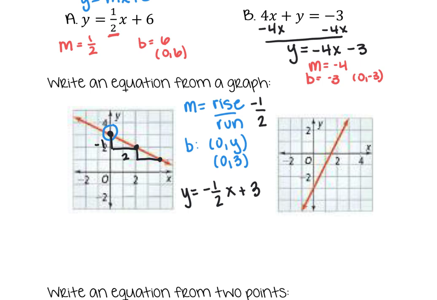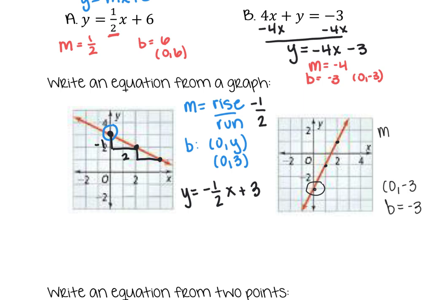Looking at the second example, again, I first identify points on my line. This line goes uphill, so it has a positive slope. My y-intercept is right here at 0, negative 3, so that means my b value is a negative 3.